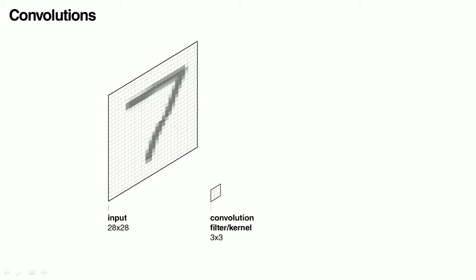Now the values or the weights in this filter is what our network will learn as we train it. Let's assume that the network learned that this specific filter looks for diagonal lines that go upwards from left to right.